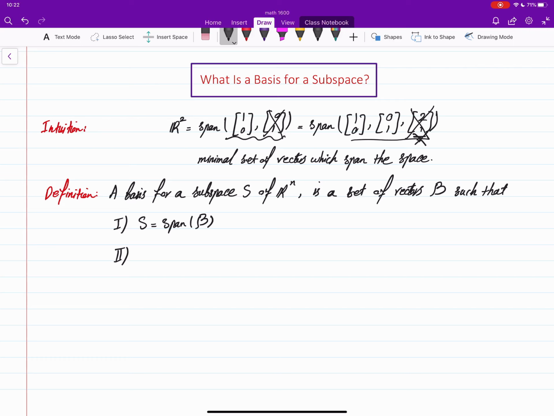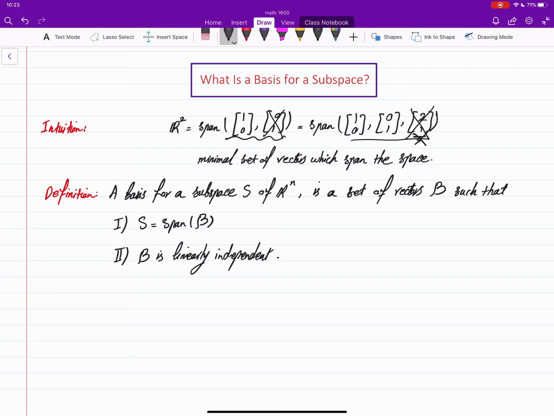Well, that is written in this form: B is linearly independent. If a set of vectors is linearly dependent, one or some of these vectors can be written as linear combinations of the other ones.